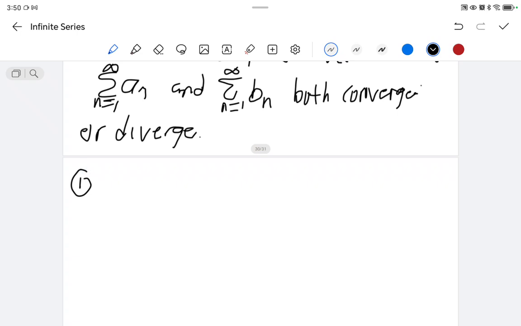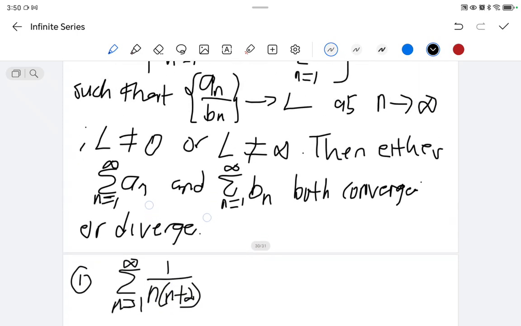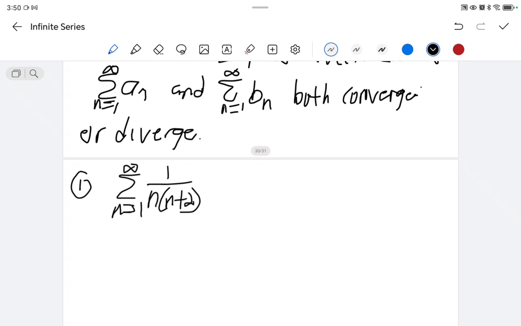Let's say we're given the summation from n equals 1 of 1 over n plus 2. We use the same thing. But remember that this one converged using the comparison test.